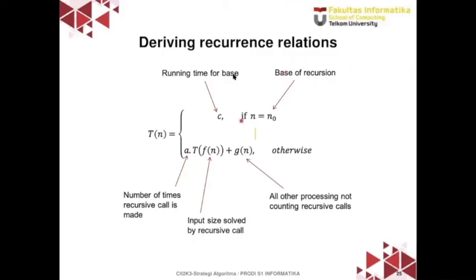So what is the base case that might happen in the recursion, and what is the running time for that case? And otherwise, we have a recursion call, and how many times we do that recursion call, and what is the size of that recursion call. And maybe we also have other operations in the case of non-base case.